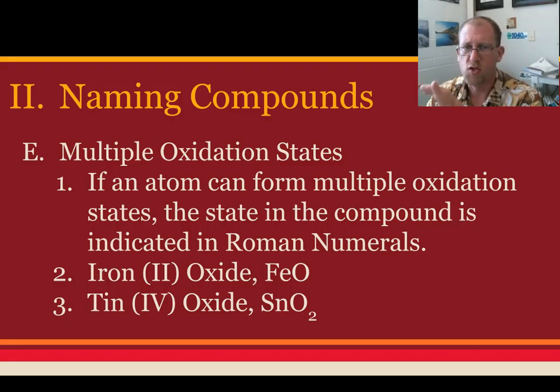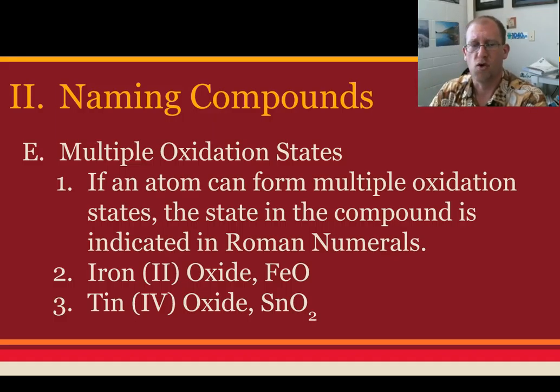In these 2 parts of the periodic table, the atoms can be satisfied with different numbers of valence electrons, and so they will form double bonds or triple bonds or single bonds and share different numbers of electrons depending on the bonding situation. So you have to indicate what the oxidation state of that atom is in the molecule before you can name the molecule. And when you do that, you use a Roman numeral after the name of the atom to indicate its oxidation state.